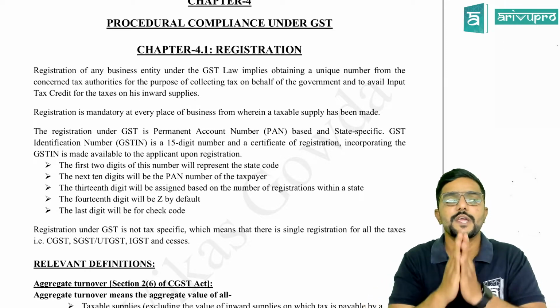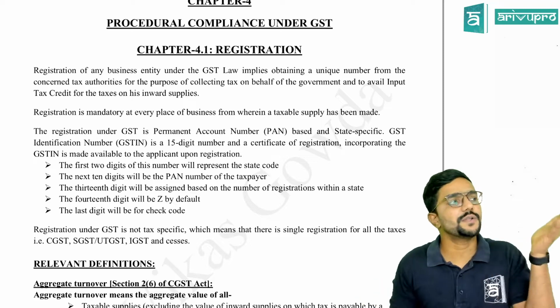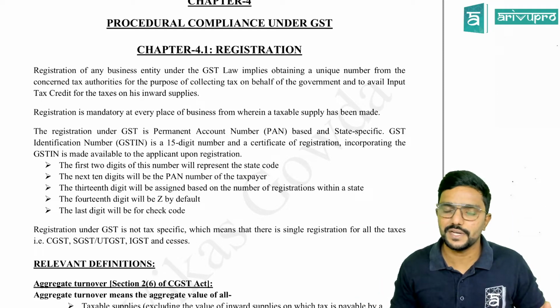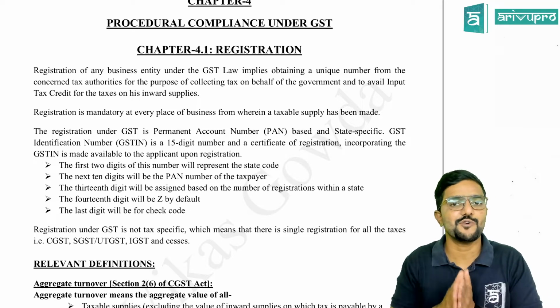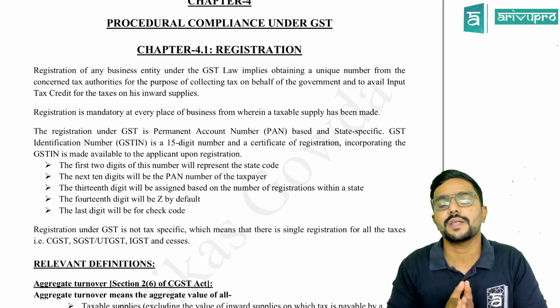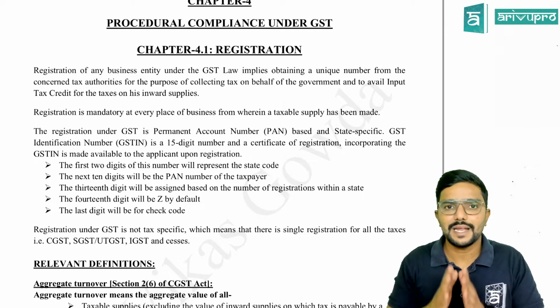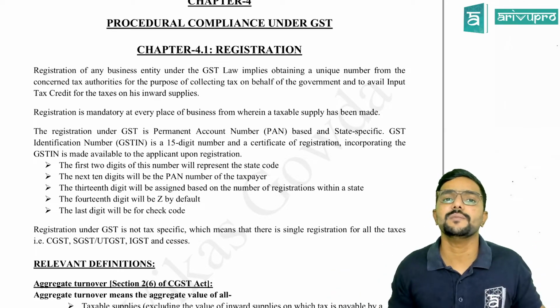Even if you want to claim input tax credit on your inward supply, registration is mandatory. As per section 16, which we have already seen, as a recipient, if you want to claim the credit of the input tax you have paid, registration is a must. Means an unregistered person cannot claim input tax credit.